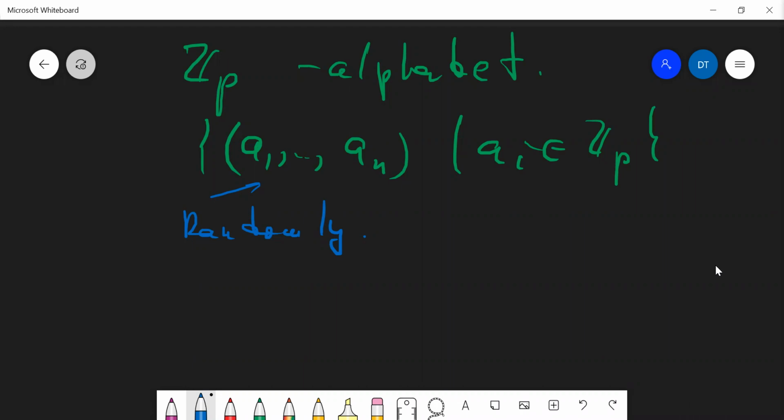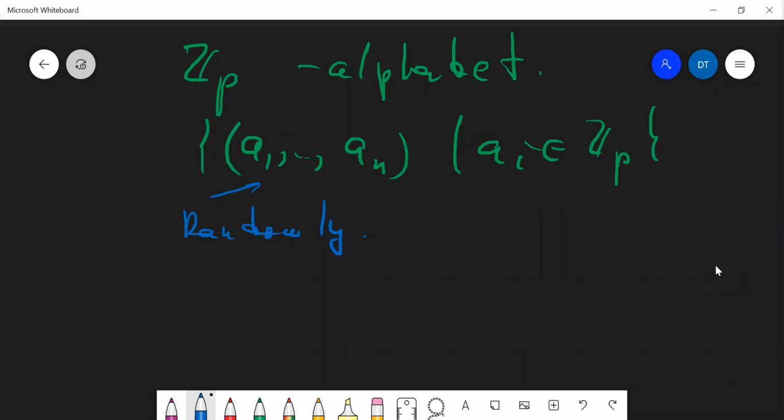It returns an element of this form. And when you call this function several times, it returns some, probably different, elements of this form. And this sequence looks like a sequence produced by a random variable uniformly distributed on the set of these sequences.